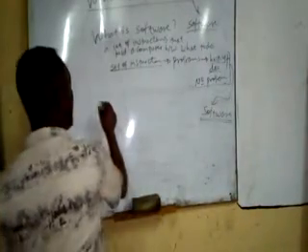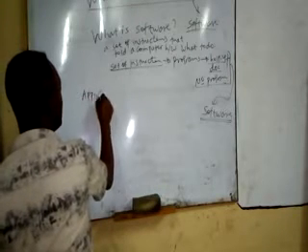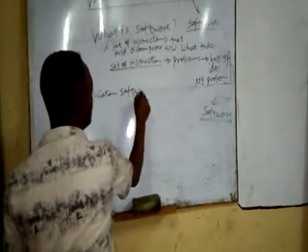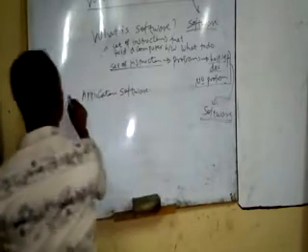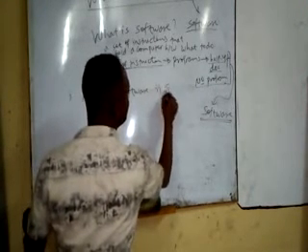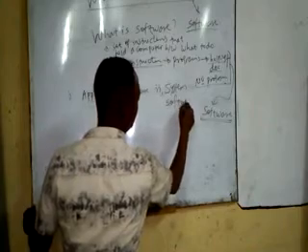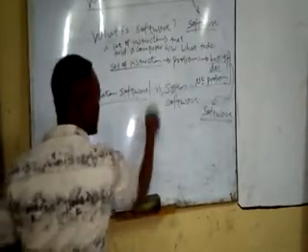The first one is application software, and the second one is system software.